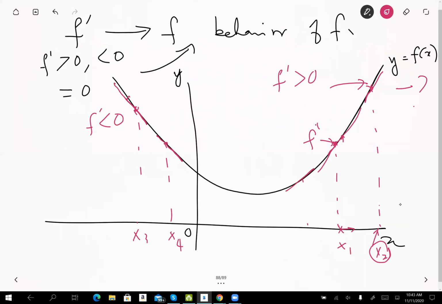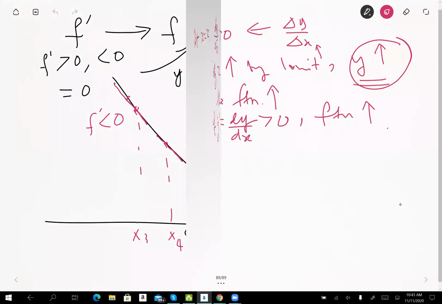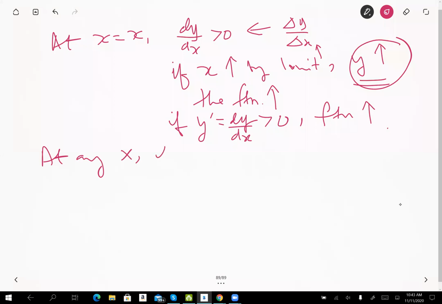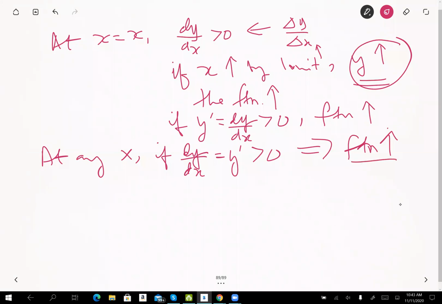So generally, at any x, if dy dx or y prime is positive, the function is increasing. The y is going up by the amount of the slope, but since we are talking generally, we just say that the function is increasing.